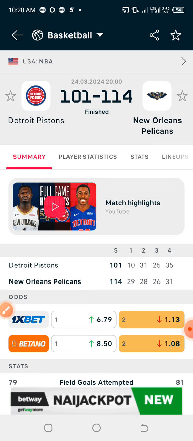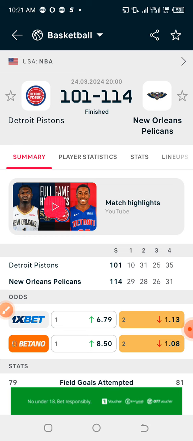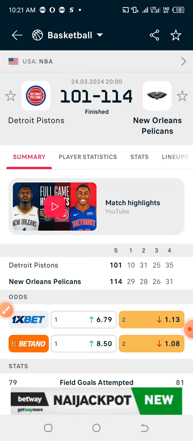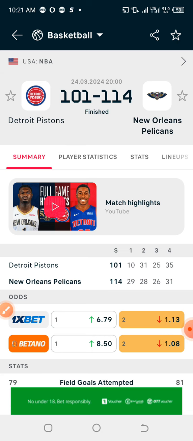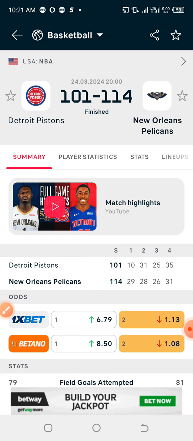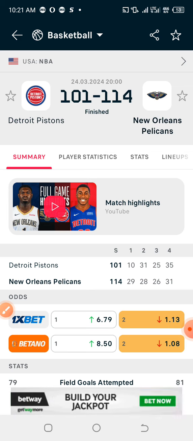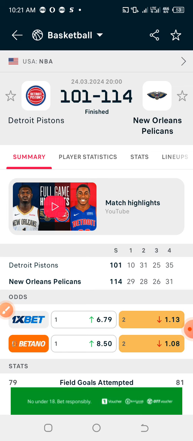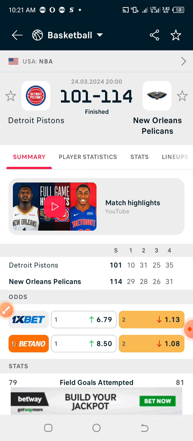I realized that the bookmakers were giving the team that's supposed to be the underdog small odds, while a team that is leading on the league table, is in good form and is expected to win the game, they were giving it an odd of like, I think 3, and the team that's supposed to be the underdog, they were giving it 1.30 odd or something like that. I was like, what?